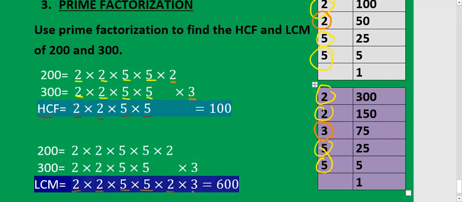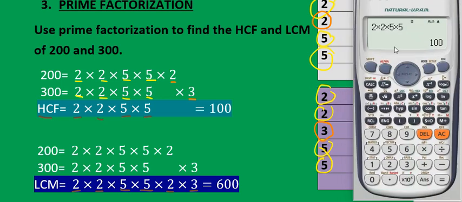That 3 was not in common, but to find the LCM, you multiply it also. So for the HCF, the highest common factor, if we use prime factorization, you only multiply the prime factors that they have in common. But for the LCM, you also need to multiply the 2 and the 3 that they do not have in common to get to 600.